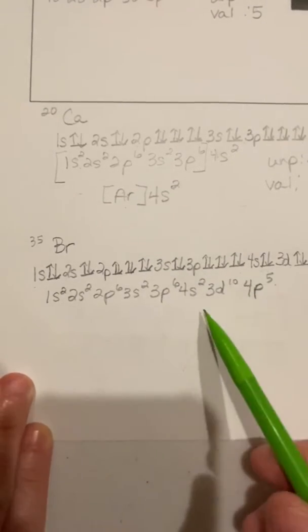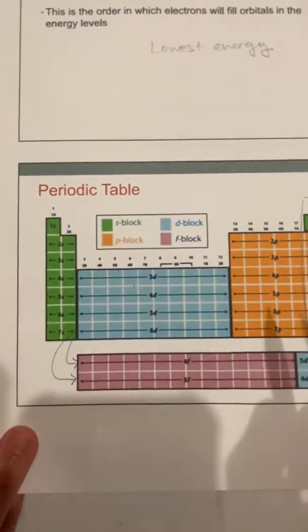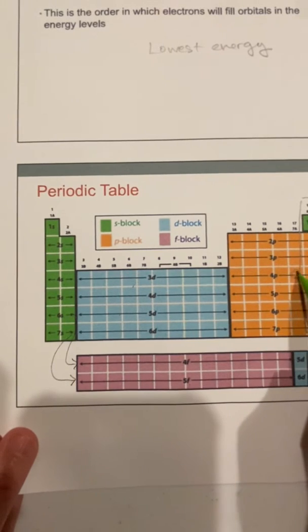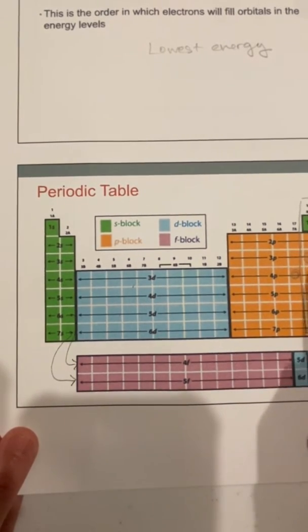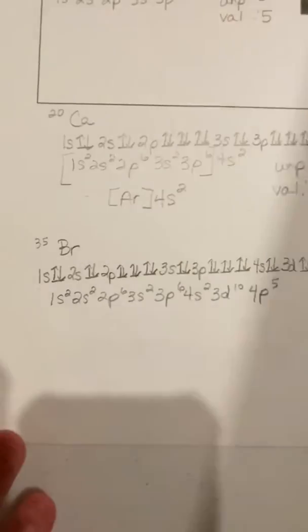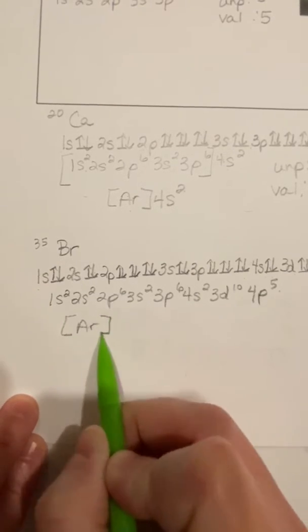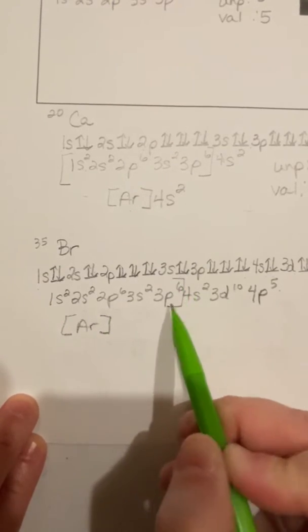But again, if you want to look at this, the noble gas that comes before bromine, so bromine is sitting right here. The noble gas, not the one that comes after it, the one that comes before it, is still argon. This is still argon at 18, I think. Yes, it's still argon. So we're going to have to say argon, which is this piece right here.